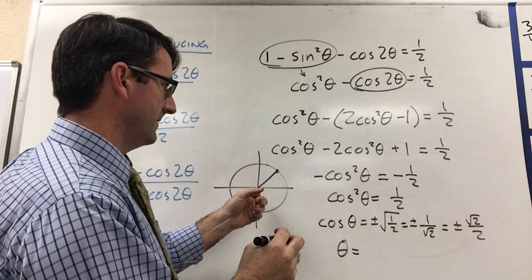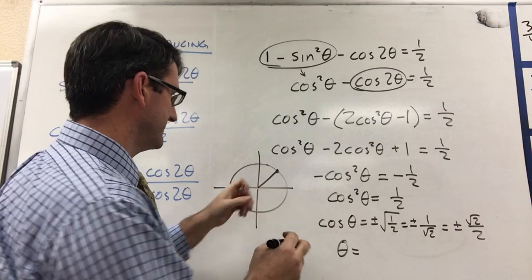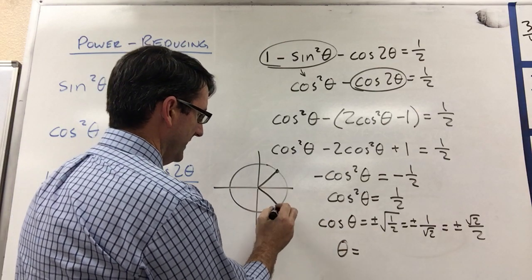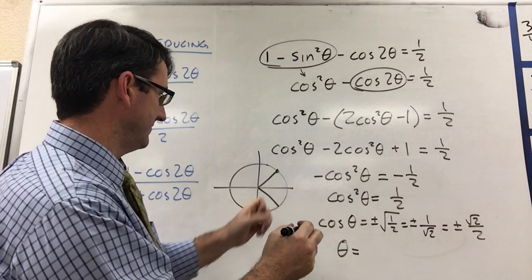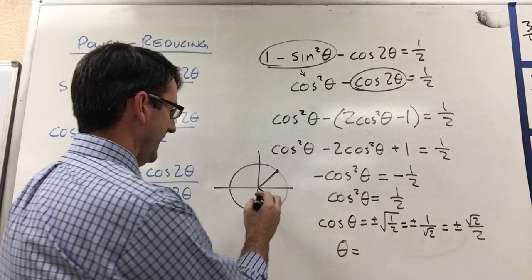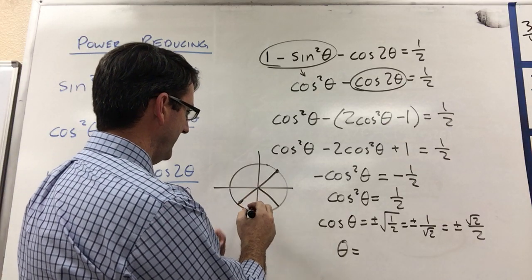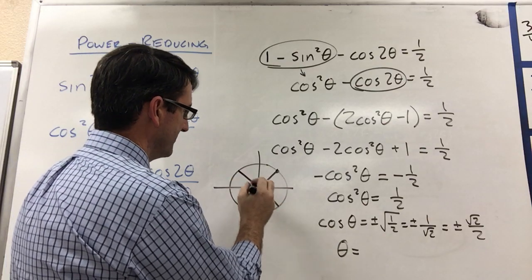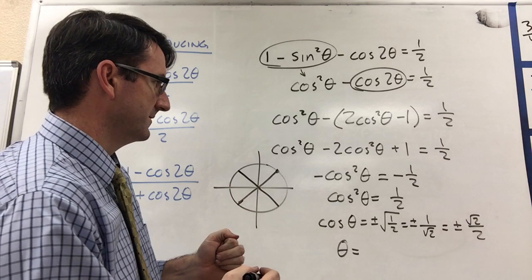And then it's also going to be positive square root of 2 over 2 down here at 7 pi over 4. And then also down here at 5 pi over 4, it's going to be negative square root of 2 over 2. And at 3 pi over 4, it's going to be negative square root of 2 over 2.